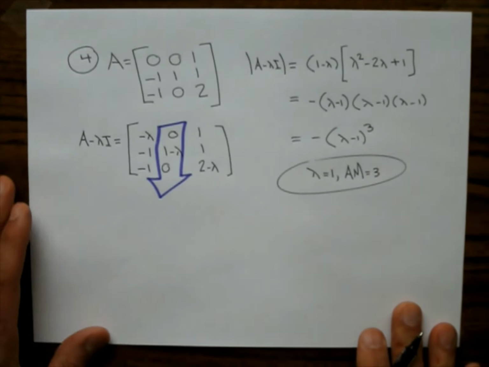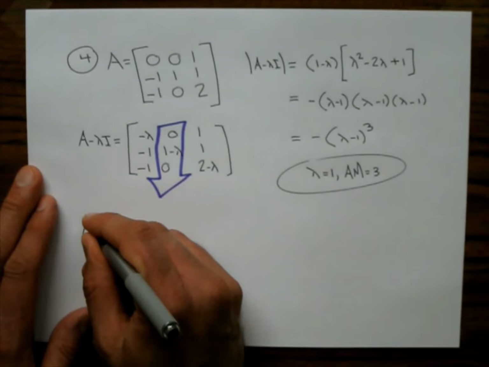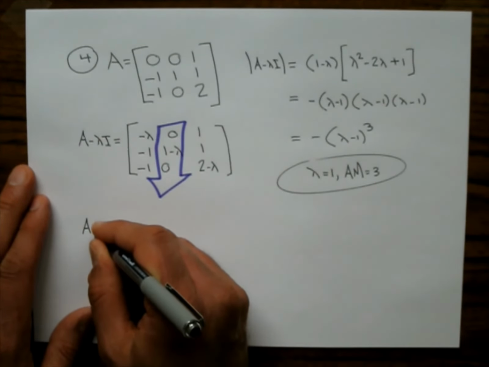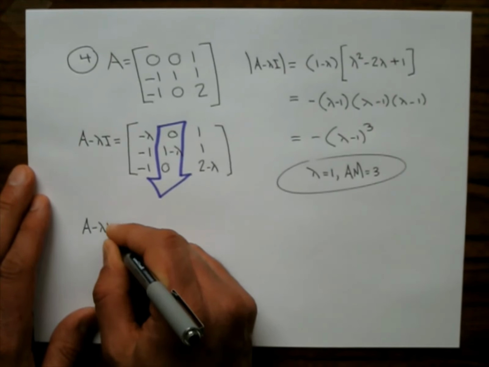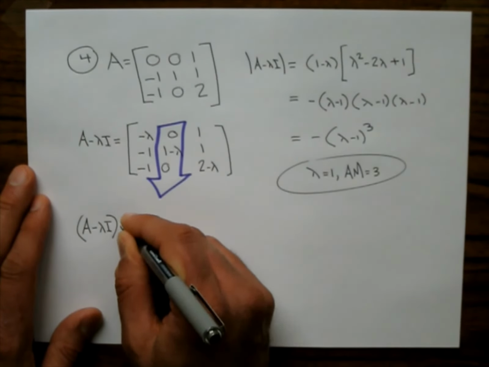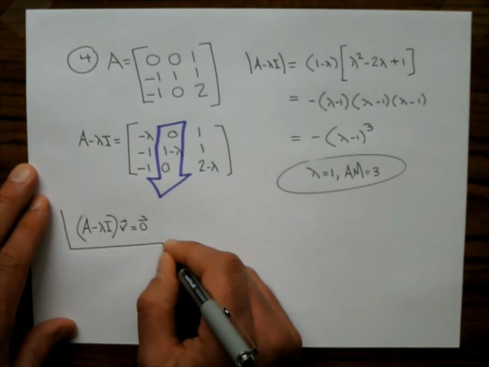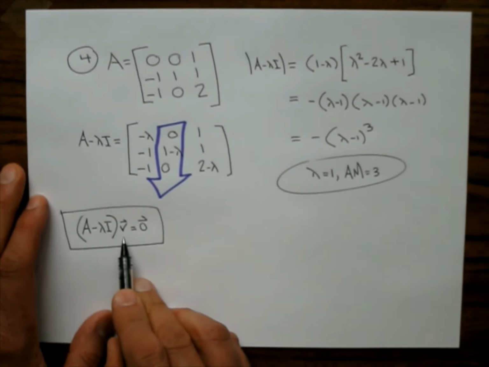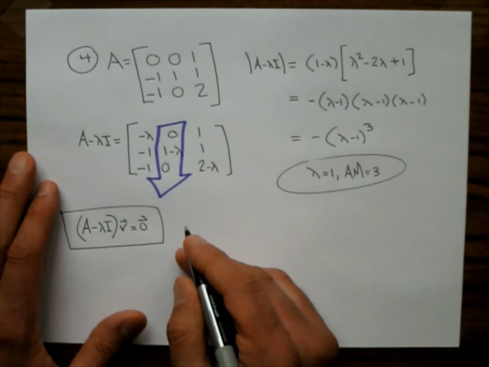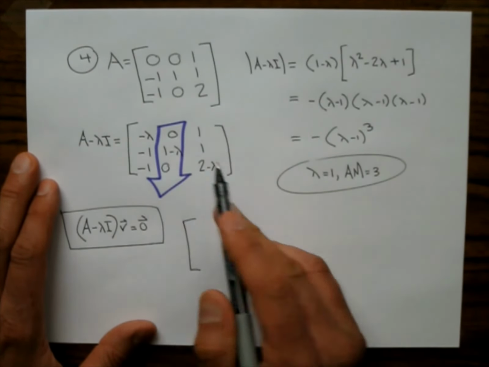Okay, so that's cool. So what I'm going to do is, I'll write this out this time because I know some people were probably sad that I didn't on the other one. So A minus lambda I times the eigenvector equals the 0 vector. So I'm going to try to find that. That's finding the eigenvectors. And to do that, I'm going to go ahead and put 1 into this matrix.